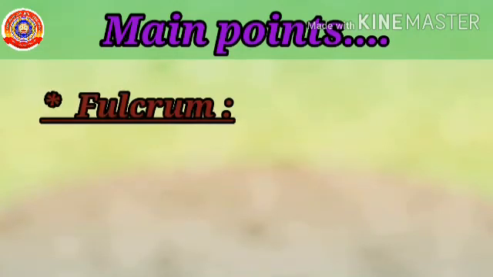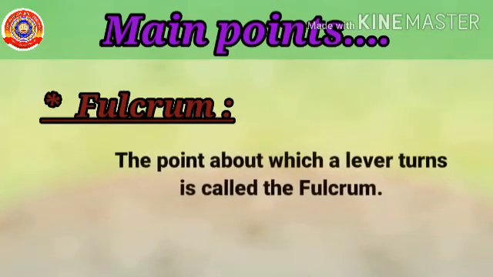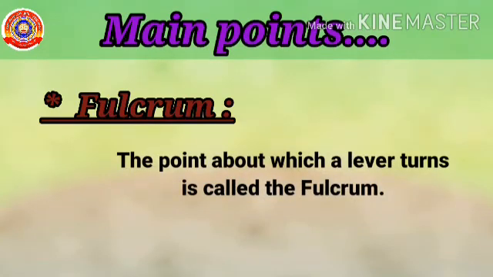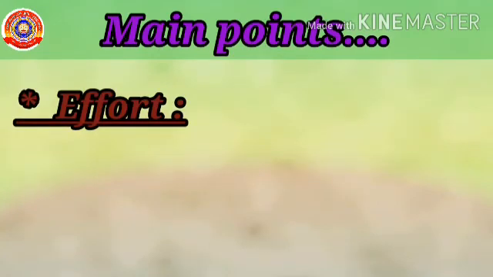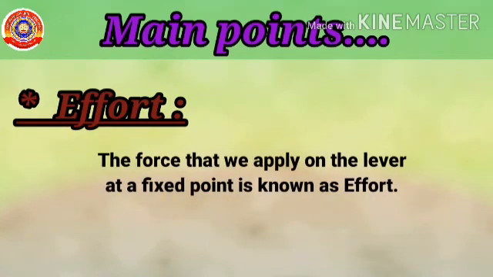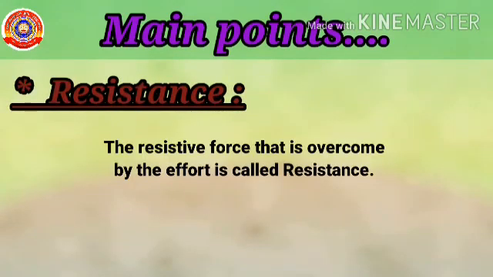Third point, fulcrum. The point about which a lever turns is called the fulcrum. Fourth point, effort. The force that we apply on the lever at a fixed point is known as effort. Last point, resistance. The resistive force that is overcome by the effort is called resistance.